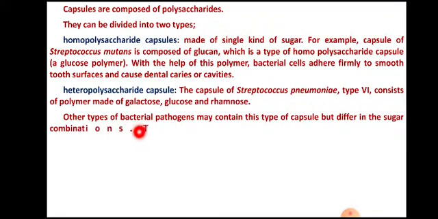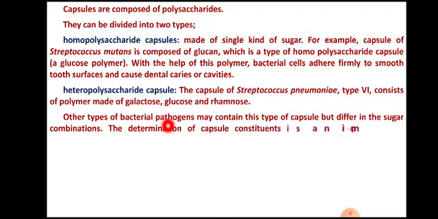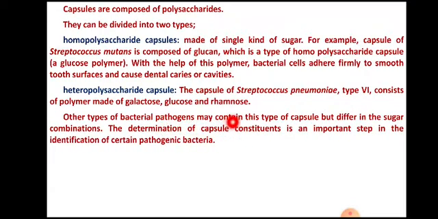There are different types of bacterial pathogens, animal pathogens or human pathogens, which consist of these types of capsules, but there may be differences in the composition of sugar combinations.